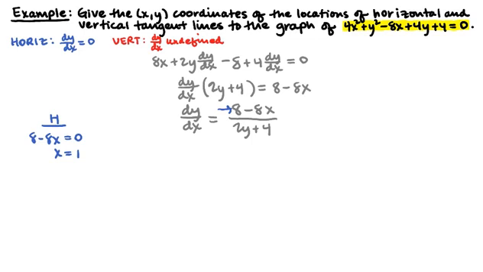So I've got 4 times 1 squared plus y squared minus 8x, so that's minus 8, plus 4y, plus 4 equaling 0. And look at that. 4 plus 4 is 8, minus 8 is 0. y squared plus 4y equals 0. This is the type of thing we might should factor.